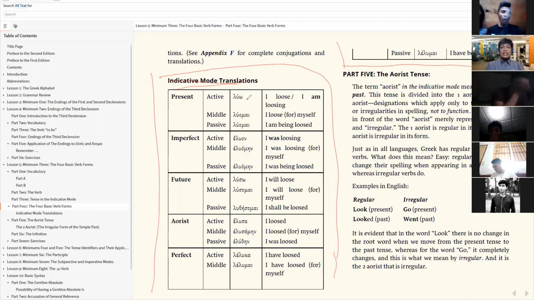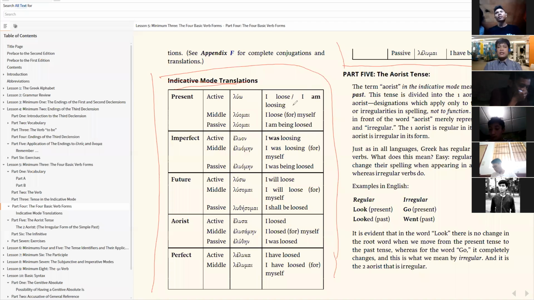The example that we have is luo. This is the standard example in all grammar books. You have the present here. The active of luo is luo. It means I loose or I am loosing. Take note, this is present progressive.